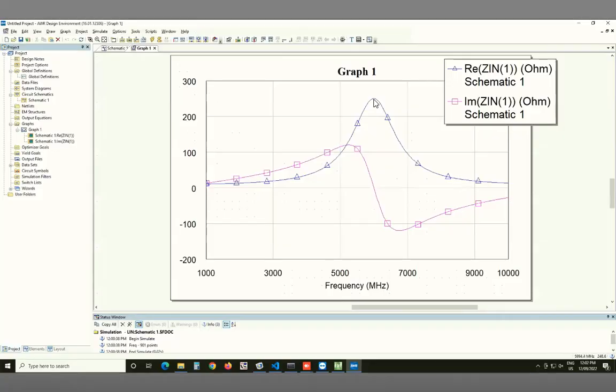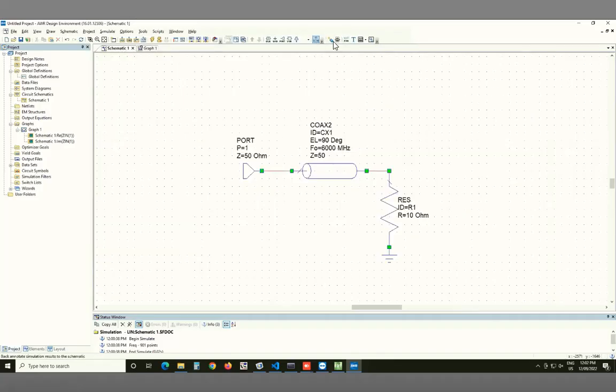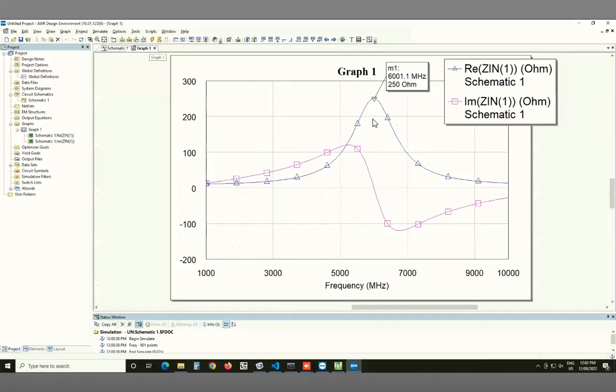The question now is, let me be a little bit more precise. Let me add the marker here. I'm going to adjust the characteristic impedance of the transformer so that I match it to 50 ohms. So I want this value to be 50 ohms.